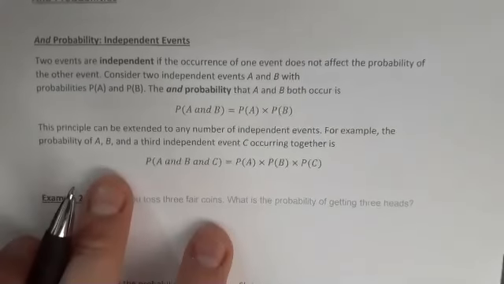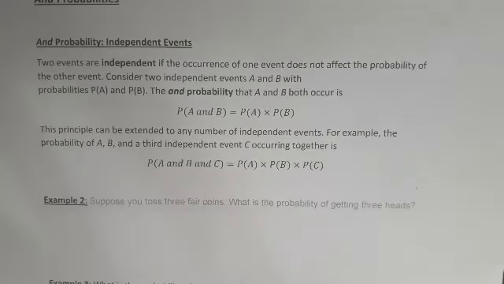So here, if we have 2 events that are independent, one occurrence doesn't affect the other occurrence, right? We have 2 different events. Just like when we're rolling a die, if I roll it, the first roll is not going to influence the second roll. If I'm rolling 2 dice, the roll of the first die is not going to influence the second die, right? What else do I have?